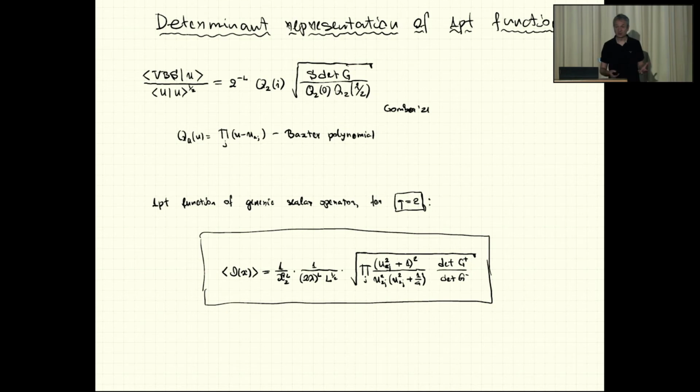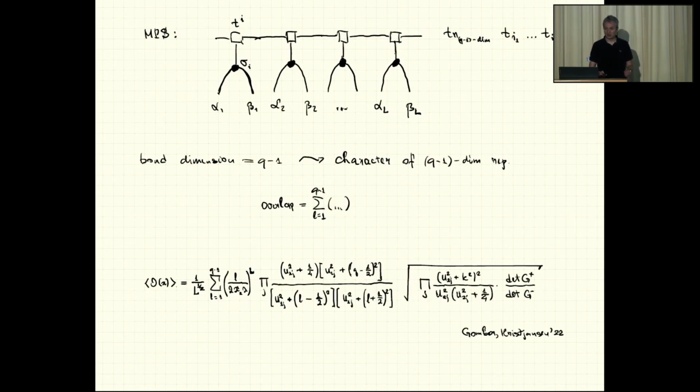So the one-point function in the presence of the defect has this nice determinant representation, which was generalized by Christensen and Gomber to the case of this generic matrix product state. In that case, it contains a sum of terms of this type, and this is easy to understand qualitatively.